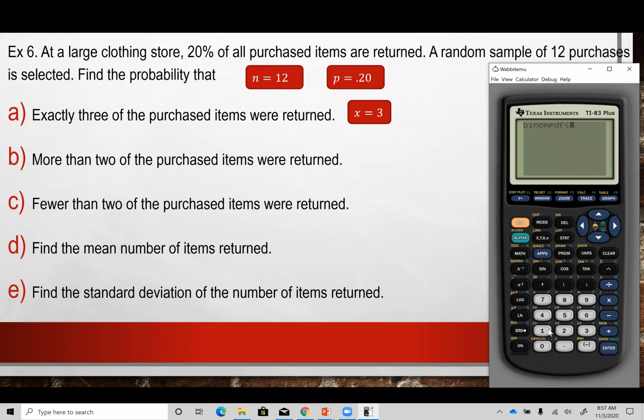So all you do, once you have this, is you press in 3, 12 is your N, the P, which is 0.20.